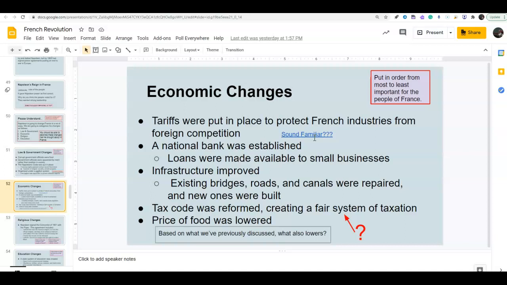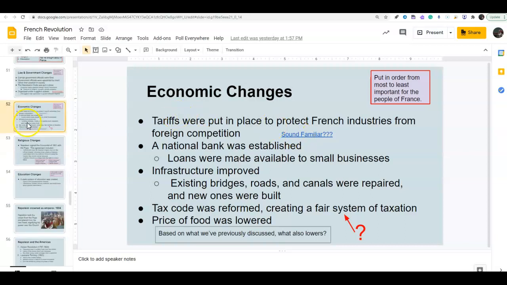But the infrastructure in France was outdated. The bridges were falling apart. The canals were not well kept. The roads weren't well kept. So basically what Napoleon does is he improves the infrastructure, which improves travel throughout the country. Many of the bridges and canals and railroads and things like that are still around today.